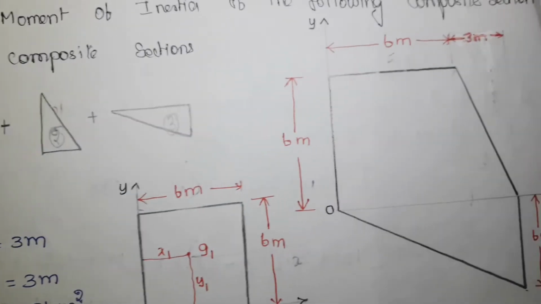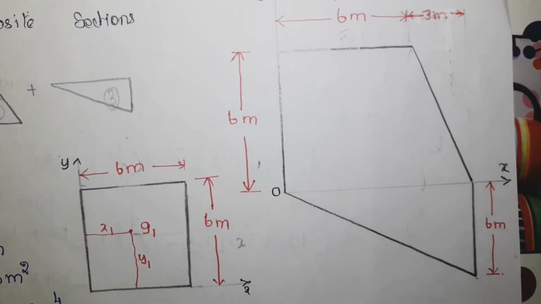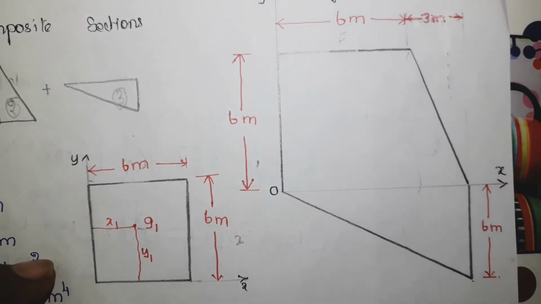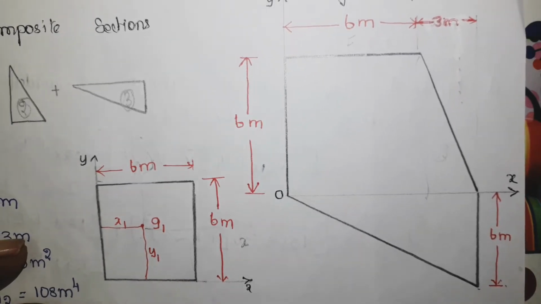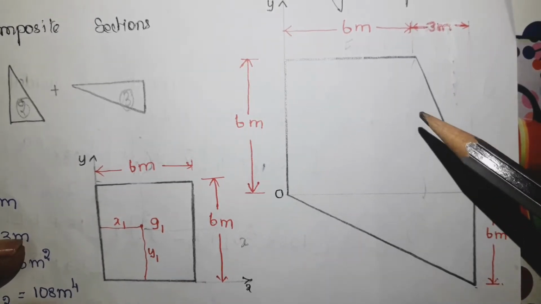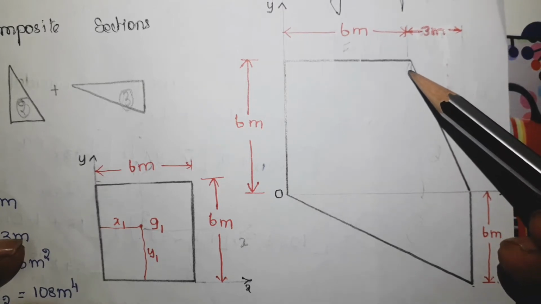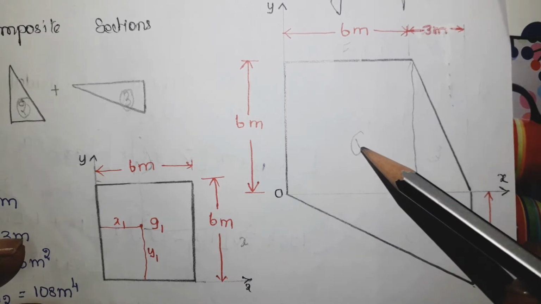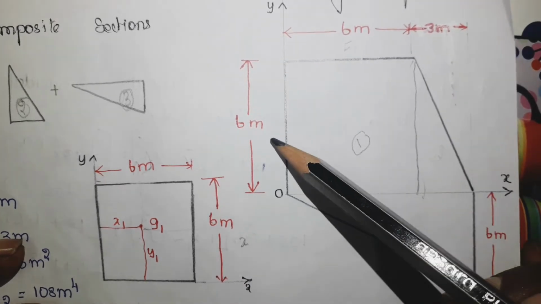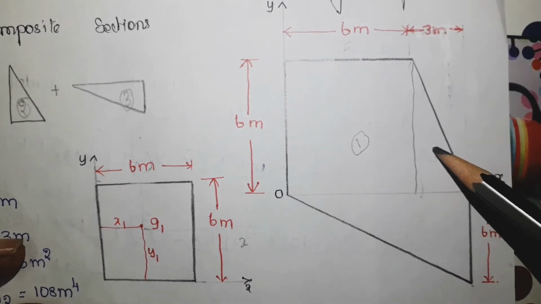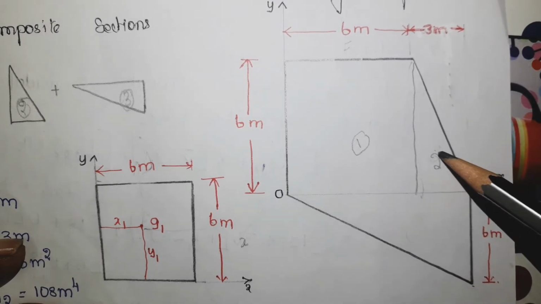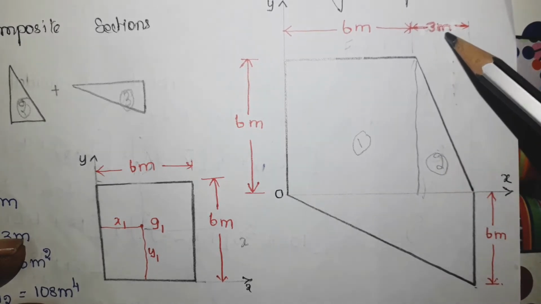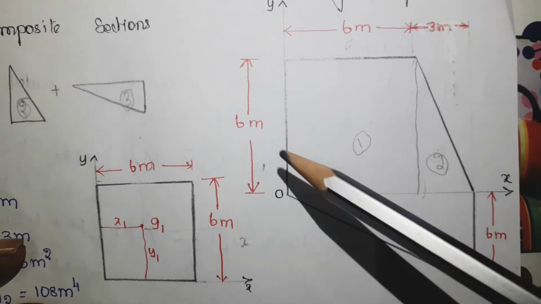Now let us go to the composite section. Here is the composite section. Now let us see how to divide this one. First, you know that it can be divided. Take this as a square. So this is one section, a square of dimension 6 into 6, and then here is a triangle, the second one of dimension, here it is 3 and here it is again 6.